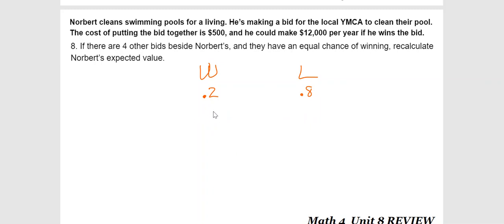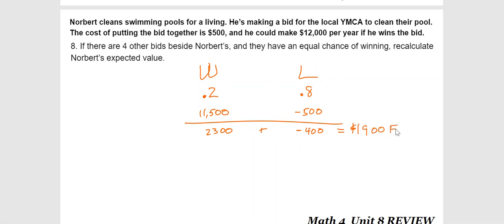He wins, he gets 12,000 less the 500 that he spent on the bid, and that is going to be 2,300. And then over here, he loses his $500, which is going to be negative 400. And so by the time you put them together, you get 1,900 for your expected value.